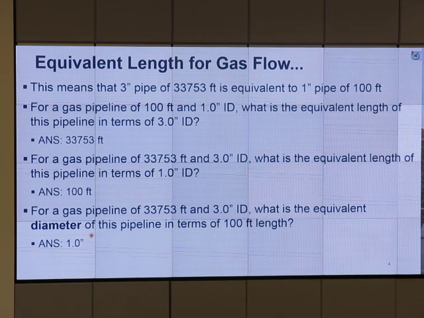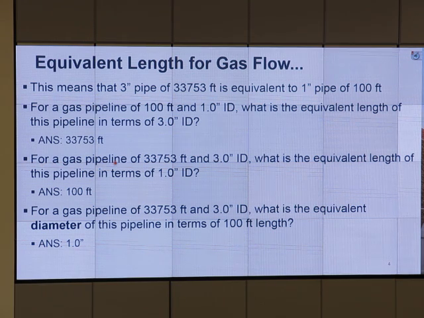So we can have both equivalent length and equivalent diameter. Okay. So next to you, what's his name? Eric. Eric, okay, let me ask you this question.